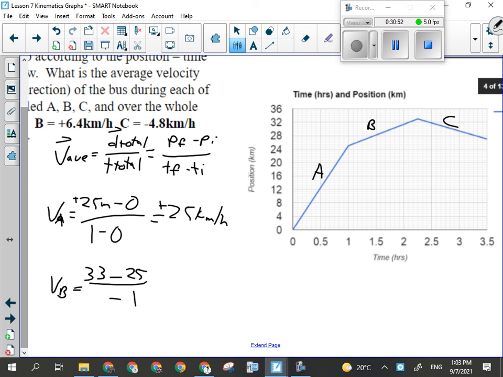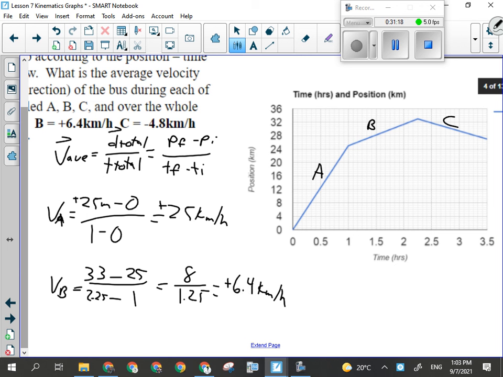It goes from 1 to 2 1/4. So 2.25 minus 1. So I'm going to have 8 divided by 1.25, which should give me positive 6.4, okay, meters per second, or sorry, kilometers per hour.